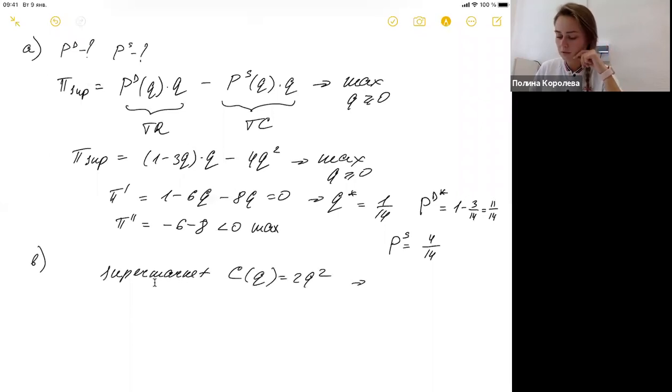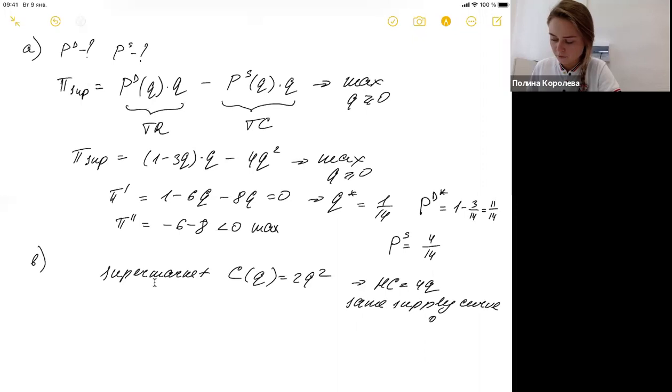And we see if we take the derivative, marginal cost will be equal to 4q. And this is the same inverse supply as before, as for farmers. So good. Same supply curve of farmers.